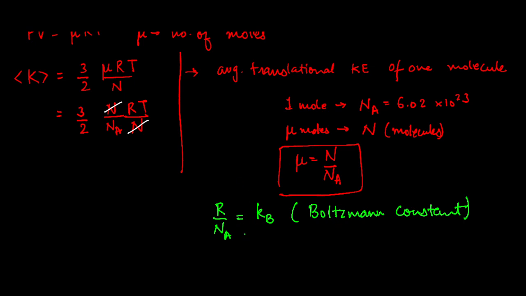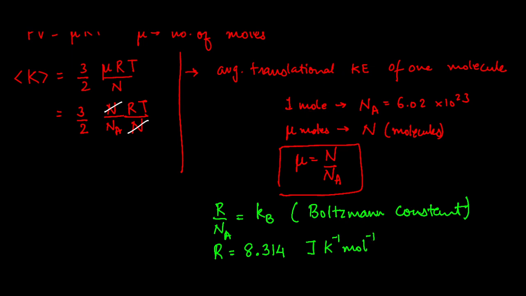And its value we can find easily by putting value of R and Na. I hope I don't have to tell you what is R. R is the gas constant, yes. Universal gas constant. So value of R in SI unit is 8.314 joule per Kelvin per mole.